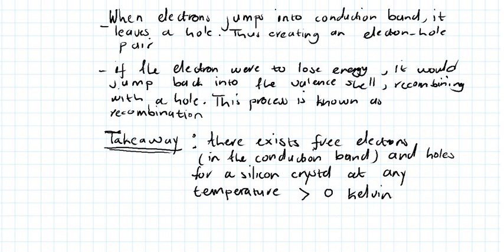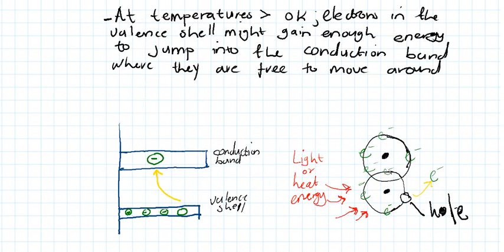If this electron, which is now in the conduction band, were to lose energy, how can it lose energy? Maybe we might decrease the temperature of the silicon atom, or we might stop heating the silicon crystal so that it cools down, and that electron will lose energy.